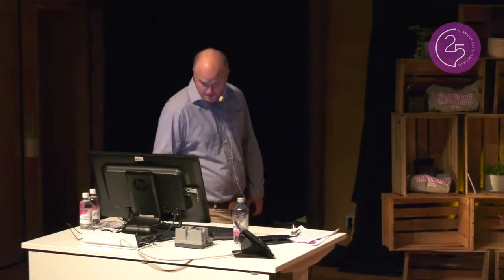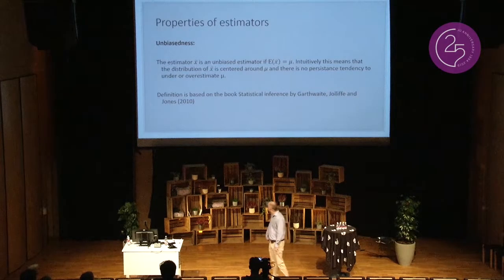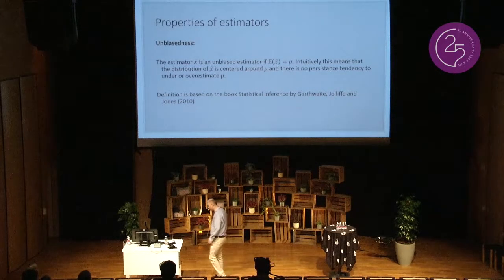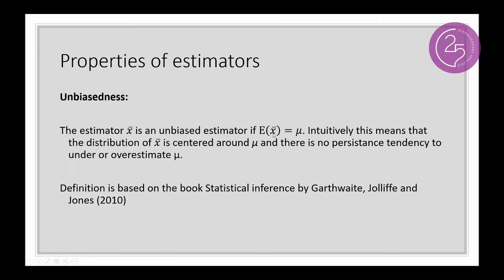And these estimators have some properties, desirable properties at least in statistics. The most common property, and usually, at least in classic statistics, the most desirable property, is unbiasedness. If we have our estimator here, x bar, that is an unbiased estimator if the expected value of x bar is equal to mu.